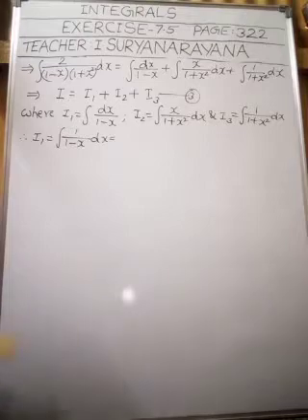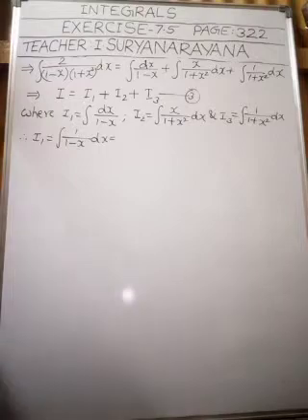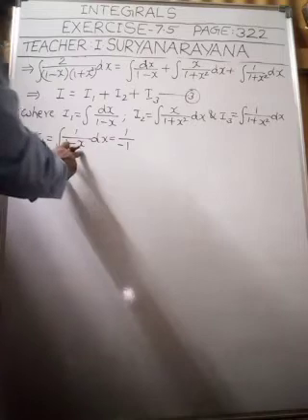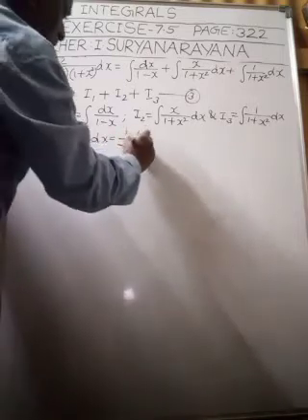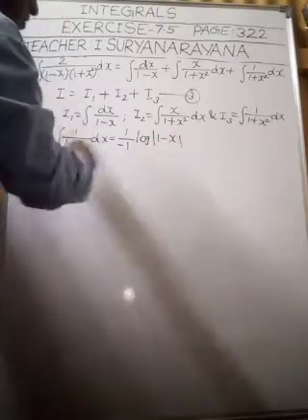If you observe this integrand, it is in the form of integral 1 by ax plus b dx. Then the integration is 1 by a, that means 1 by the x coefficient here, minus 1, into log mod ax plus b, that function as it is.